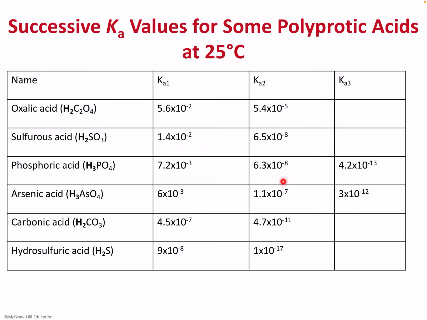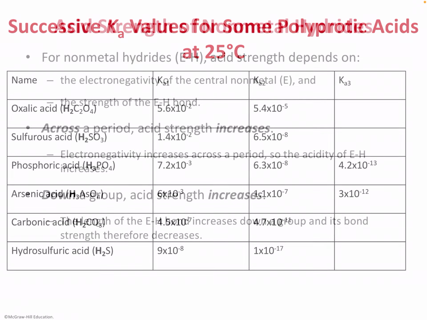Phosphoric acid, we talked about that. Here we have arsenic acid, carbonic acid, hydrosulfuric acid. You can see each of these weak acids has different Ka values, and always the Ka1 is stronger compared to the Ka2 or the Ka3, with decreasing acid strengths.